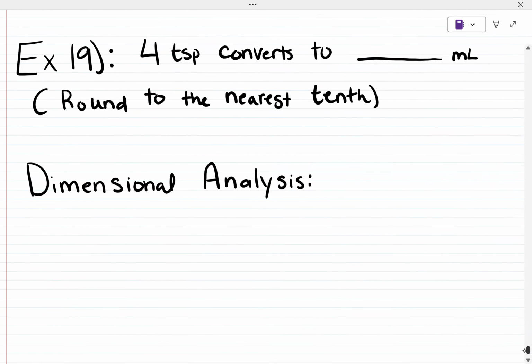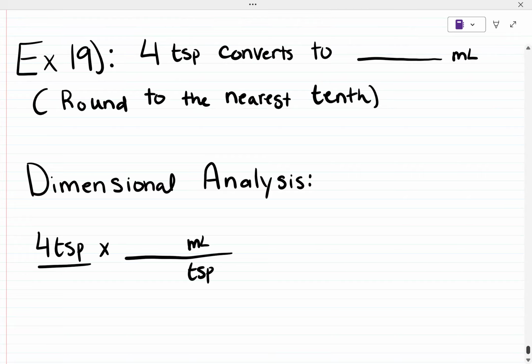Last one, and we are done with this. Okay, example 19, 4 teaspoons converts to how many milliliters? And we must round to the nearest tenths. So we can just start with dimensional analysis. We were given 4 teaspoon times fraction, teaspoon on the bottom and milliliters on the top.